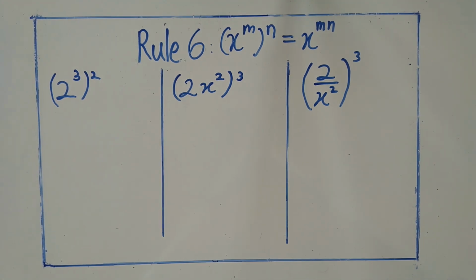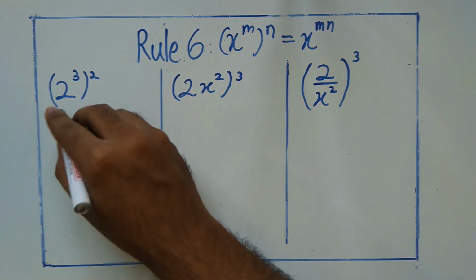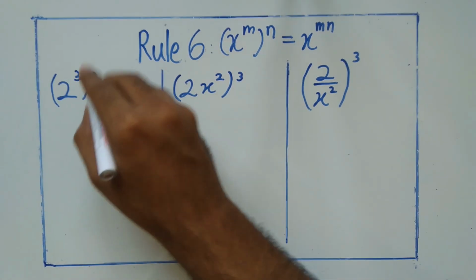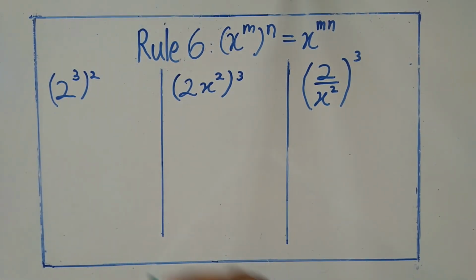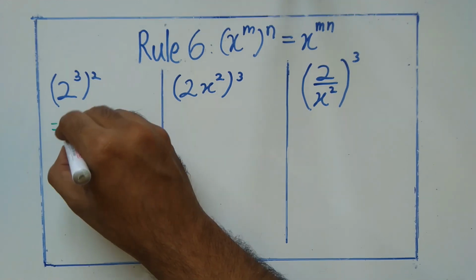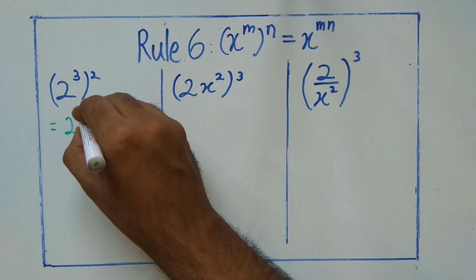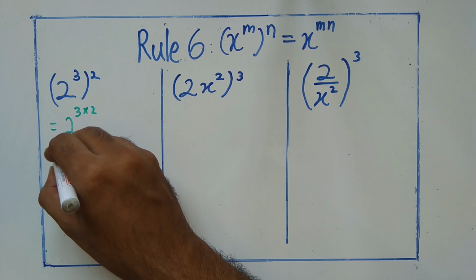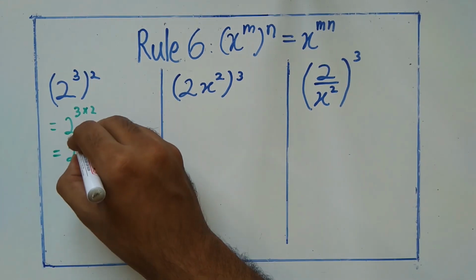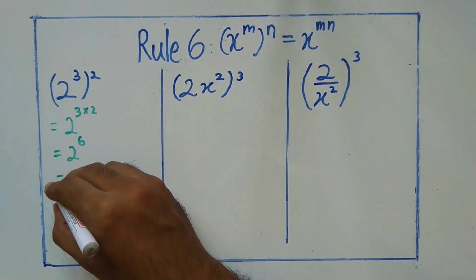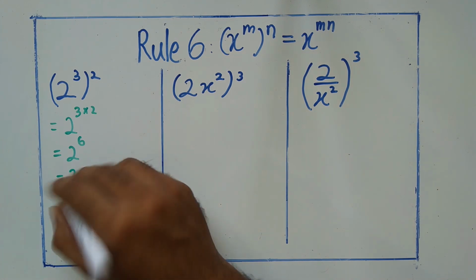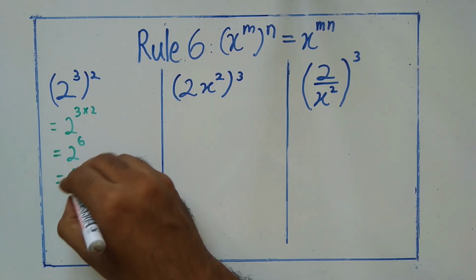In the first example, we have 2 to the power of 3 in brackets with power of 2. We can safely remove the brackets to give 3 times 2, which gives us 2 to the power of 6, which gives us 64.